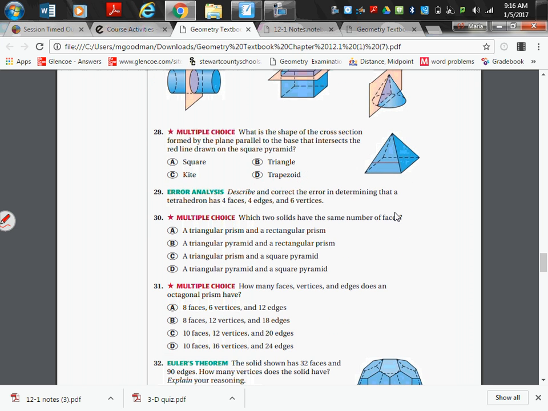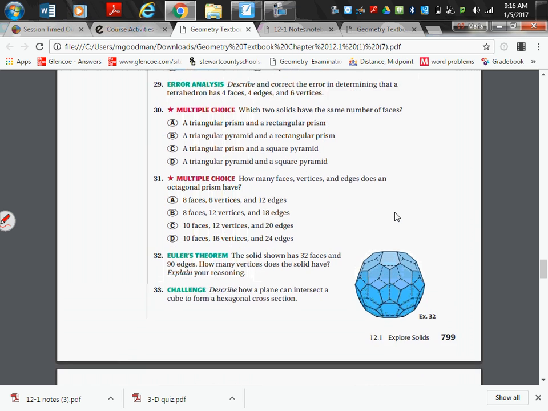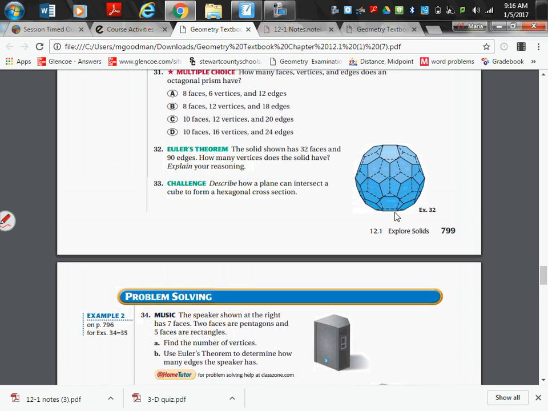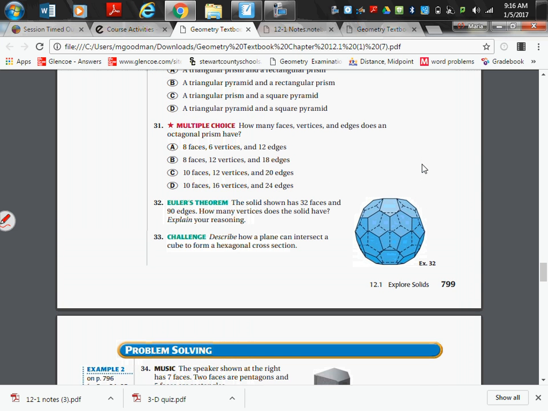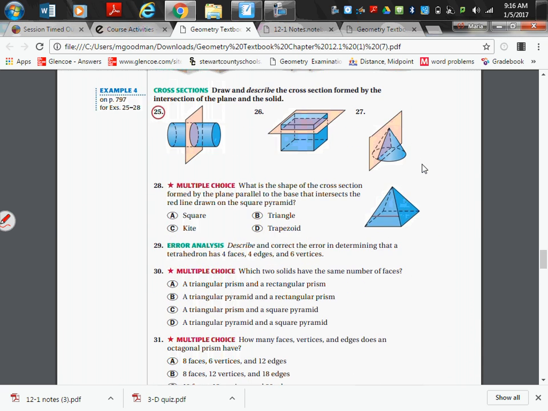Problems 25 through 32 on page 799. All right, 25, 26, and 27: draw and describe the cross section formed by the intersection of the plane and the solid.